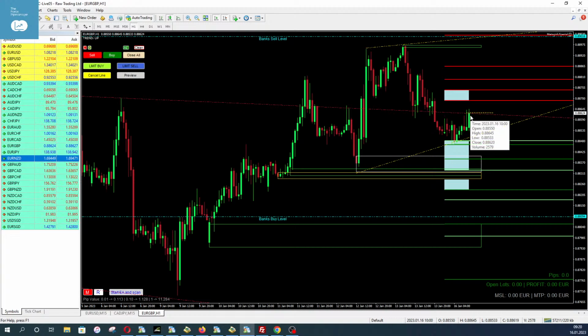But the first question on this pair is, can it manage to come clearly over this daily trend line? We would check this on a lower time frame, and then the retest of this trend line would give us the opportunity to jump into a buy trade on the euro pound. And then the next resistance is here, and then we have a supply zone on the higher side.